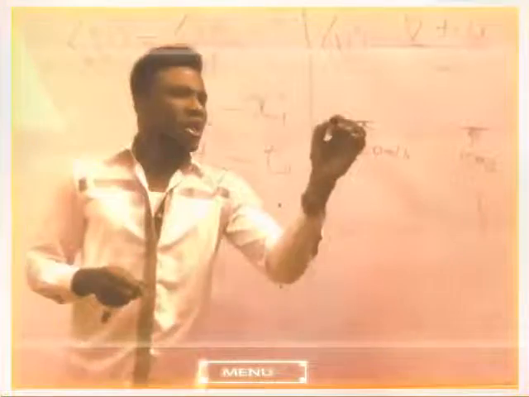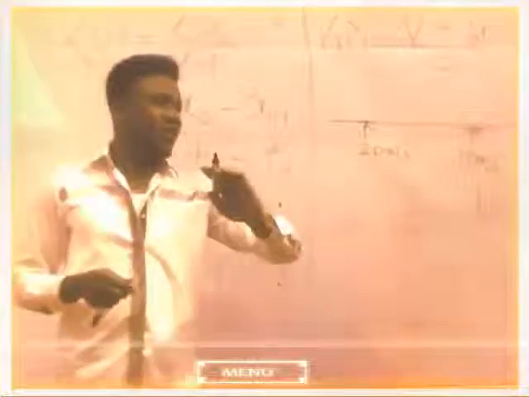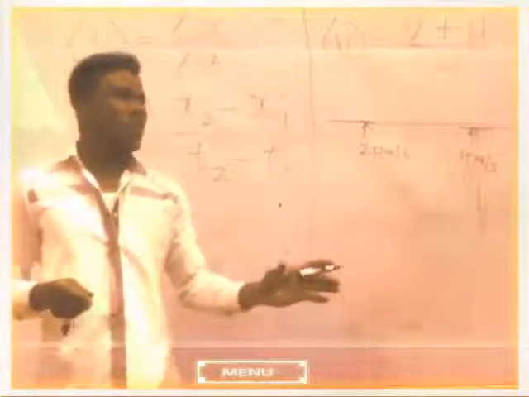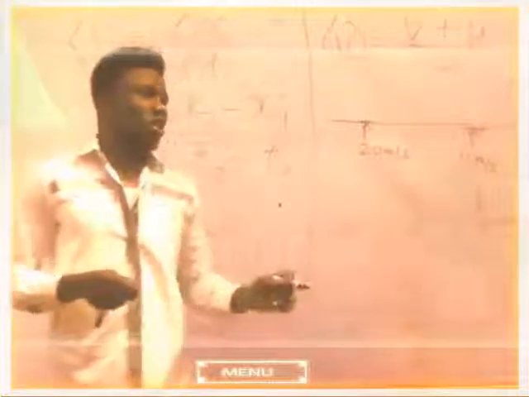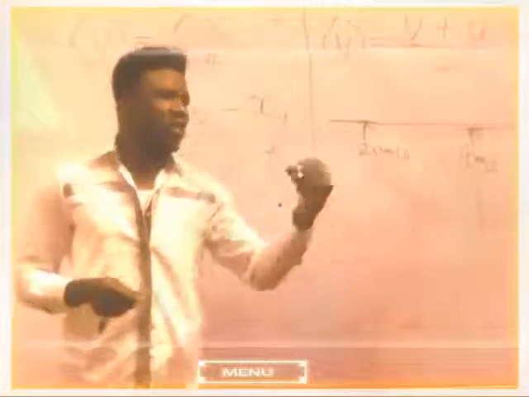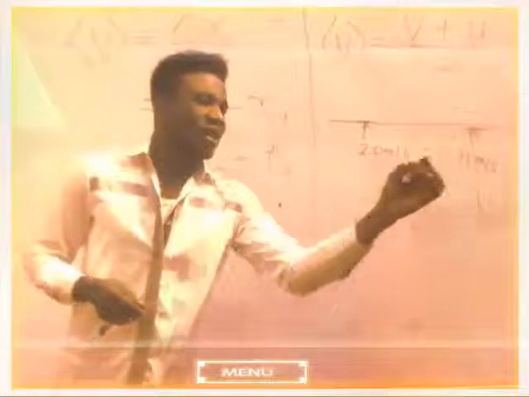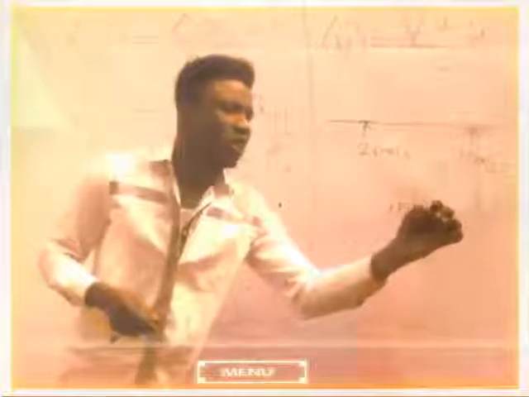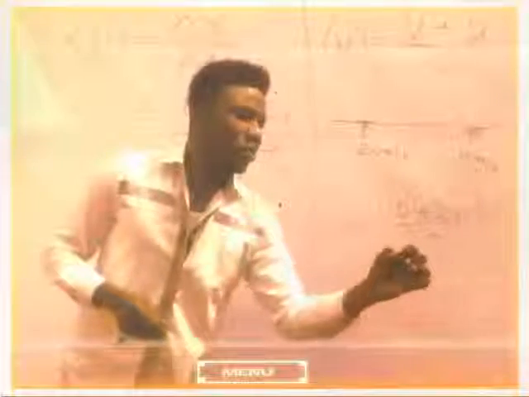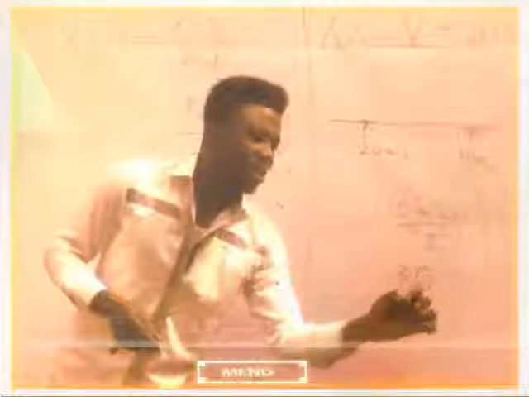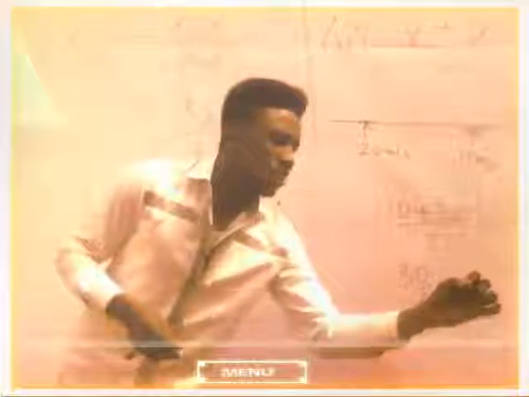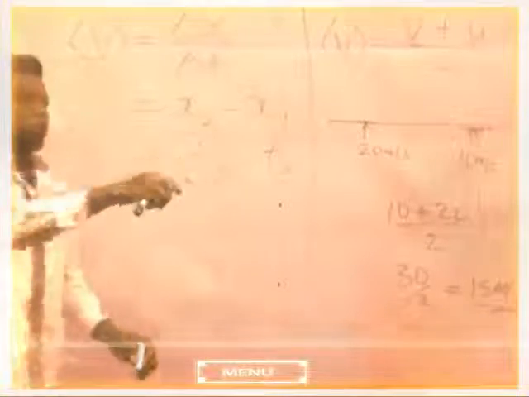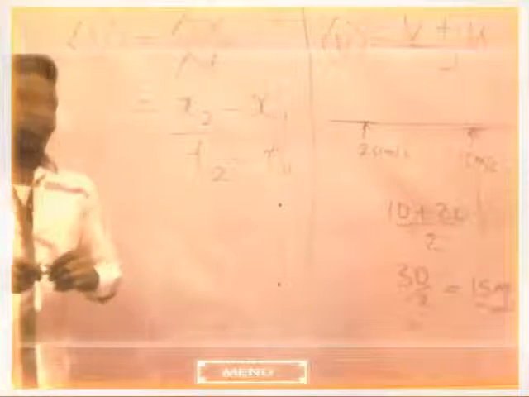Now, if we are asked what is the velocity of this object, we know this velocity changes with time and we know it changes with position. So we simply find the average of these 2 velocities, the final plus the initial divided by 2. 10 plus 20 divided by 2, which is 30 divided by 2, which is 15 meters per second.